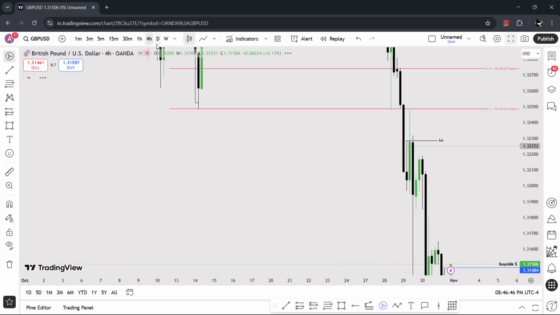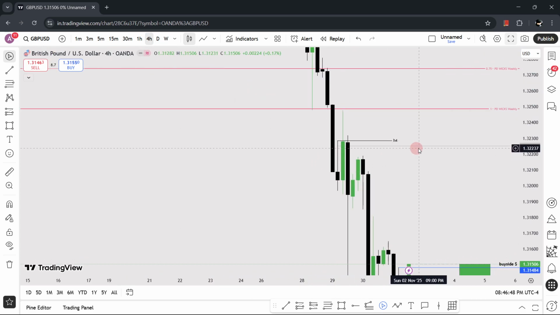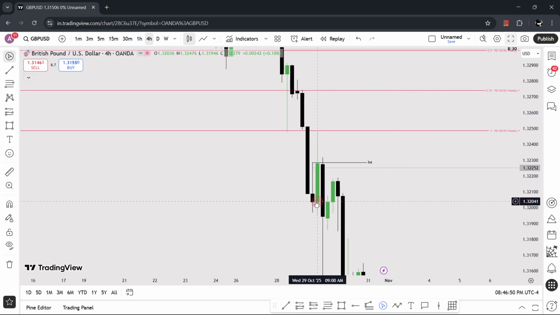Yeah, there is a 4 hour. It opened somewhere around here. That's where it opened. Okay, fine. We have this 4 hour fair value gap up there.